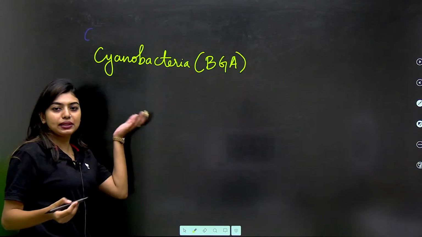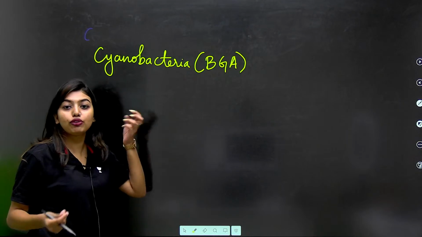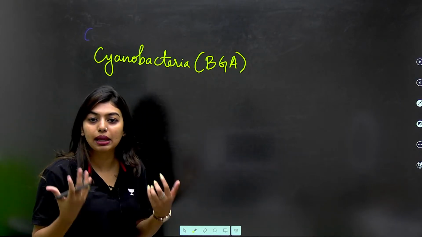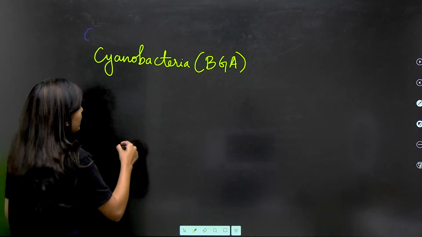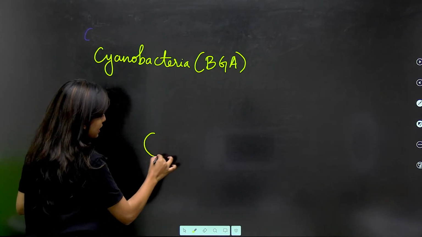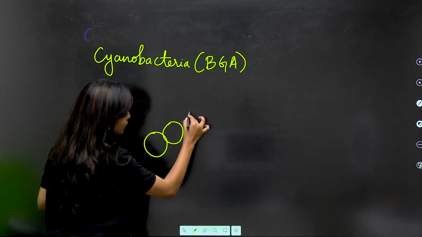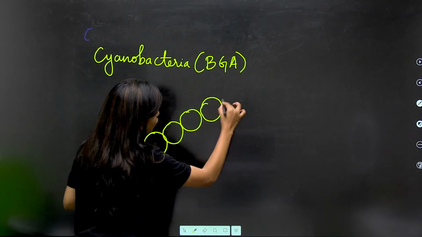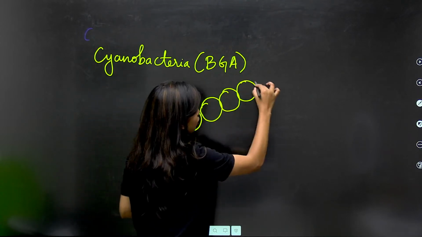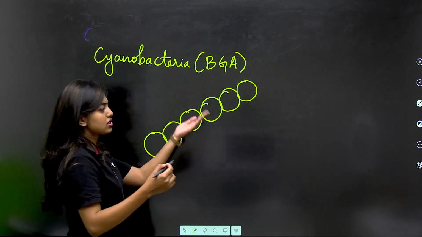They have the ability to form colonies. They are unicellular, and they will form colonies like this, right? They will form colonies which will look filamentous or thread-like.